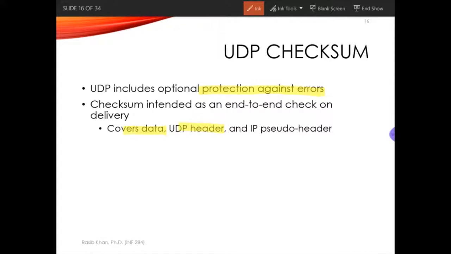It includes the UDP header, that is the source, the destination, and something that we call the IP pseudo header. One thing to note here is that IP is a part of the network layer. So how does the transport layer know about it? That is why we call it a pseudo header.